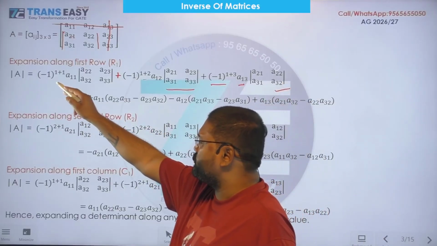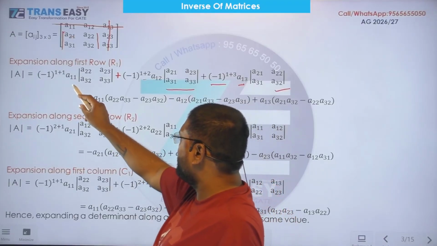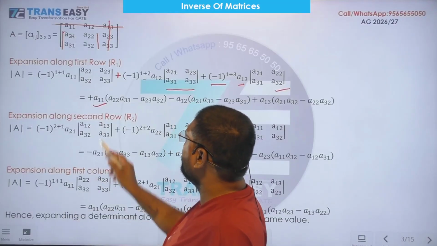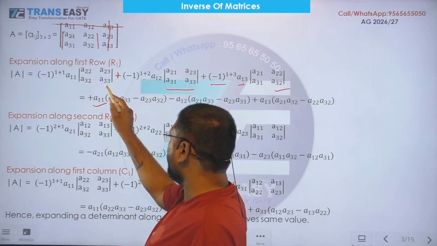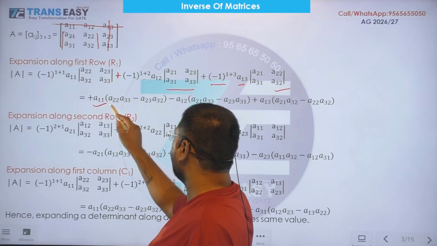Minus 1 raised to the power 2, it is plus 1 into A11 times A22 A33 minus A23 A32.